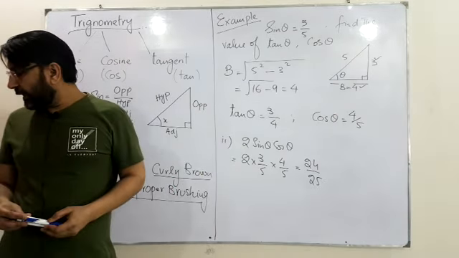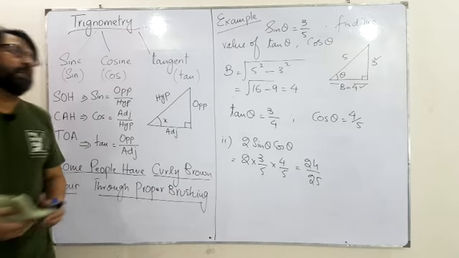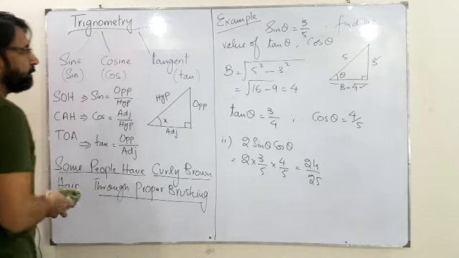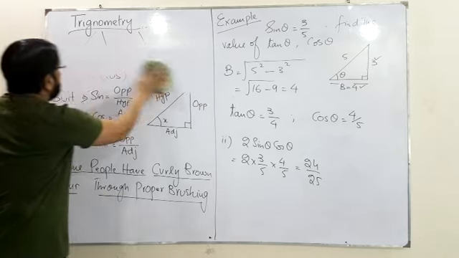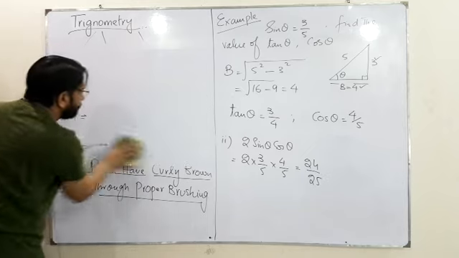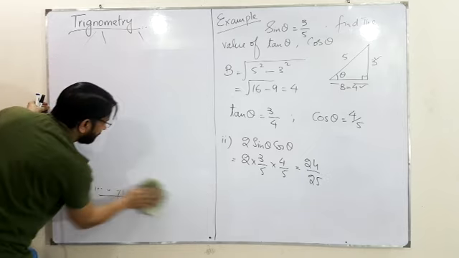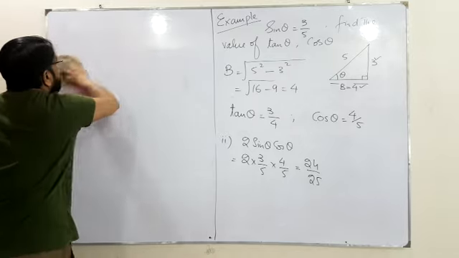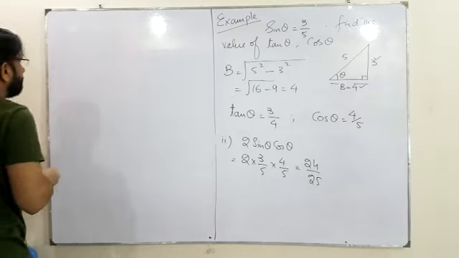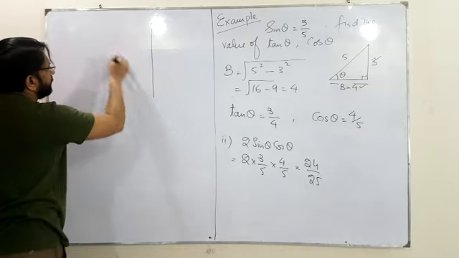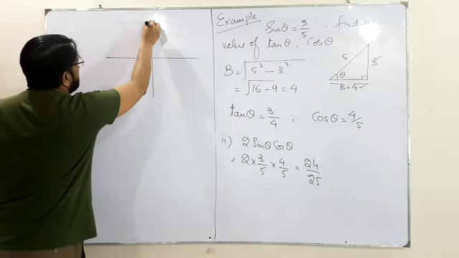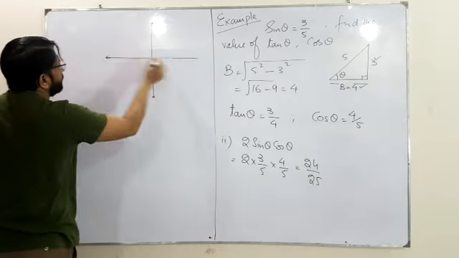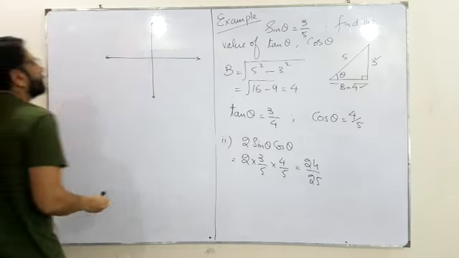Let's see a little bit more about trigonometry, how do we deal with this. For example, if we are dealing with the values in different quadrants, how do we deal with them? We can divide the axes into different quadrants.